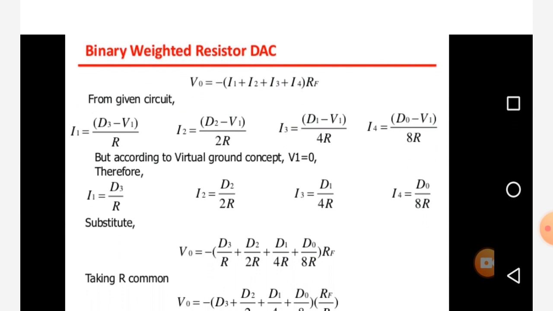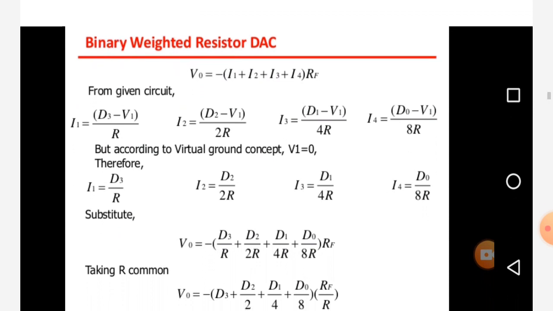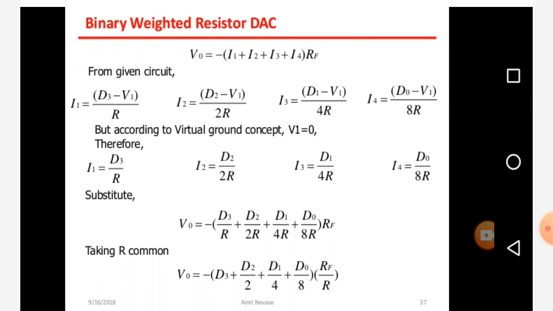Therefore, I1 is equal to D3 upon R, I2 is D2 upon 2R, I3 is D1 upon 4R, I4 is D0 upon 8R. Substituting in the above equation, V0 is equal to minus (D3 upon R plus D2 upon 2R plus D1 upon 4R plus D0 upon 8R) into RF.